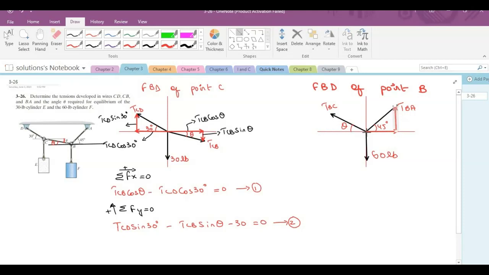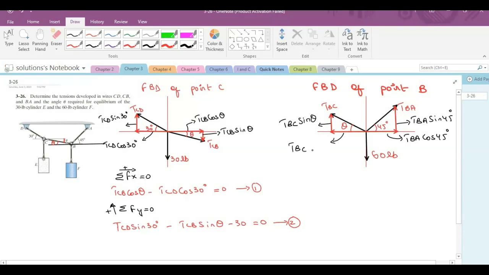Here I also have a horizontal and a vertical force component. Let's label them as well. This right here is TBA sine 45 degrees, and that component is TBA cos 45 degrees. This right here is TBC sine theta, and that horizontal component is TBC cos theta.